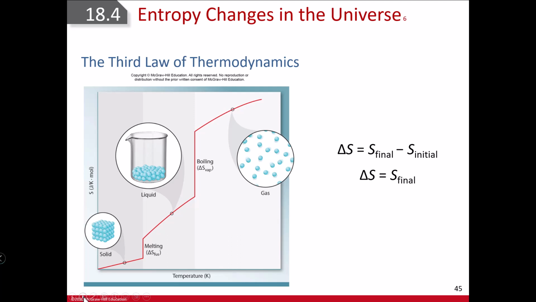In the solid phase, the entropy is much less than the liquid phase, and here's the liquid phase as we go, we are increasing the temperature of the liquid. Then all of a sudden we have to use entropy to increase to change the liquid to a gas. So that's what's happening here, liquid to a gas, and then we're increasing the temperature of the gas here. So in the verticals, that's where we're going from a solid to the next phase, the liquid.